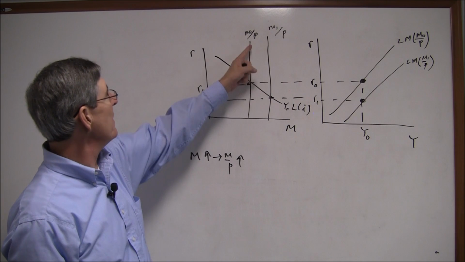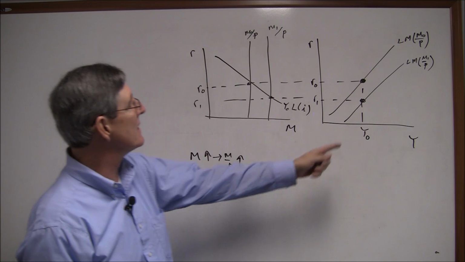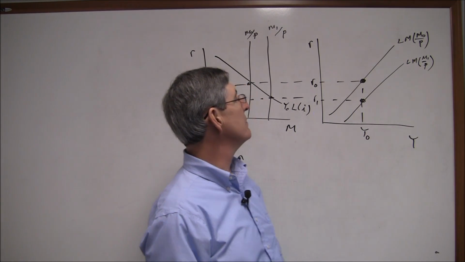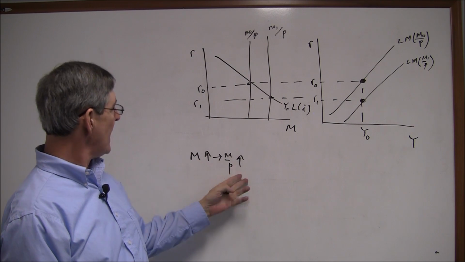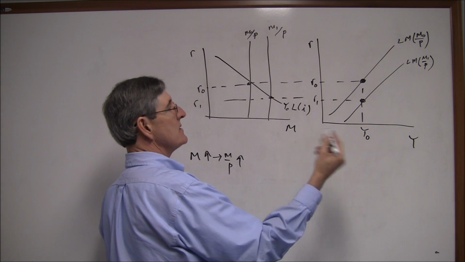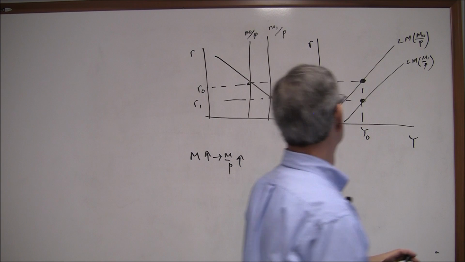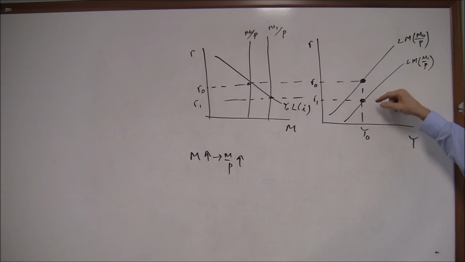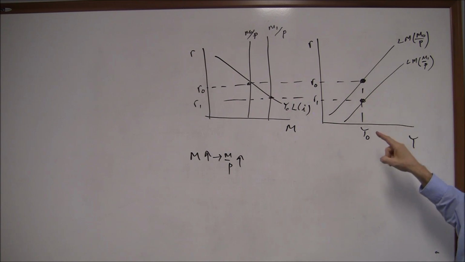Same thing would happen, by the way, if I'd have just let the price level go down. This would shift out as well. So what matters for the LM curve is that M over P. But what's important for us is when M goes up, M over P goes up, and that causes the LM curve to shift to the right, to shift out. Some people get confused. You could describe this shift two ways. It either shifts down or it shifts out, either one.